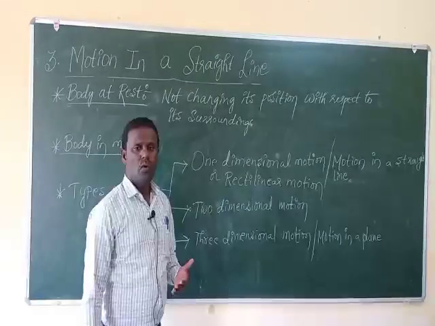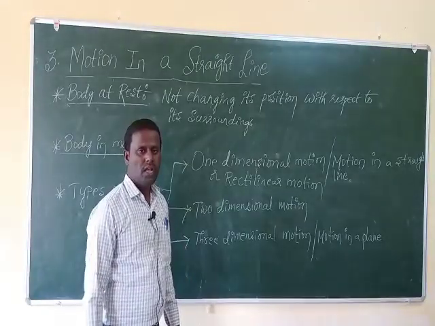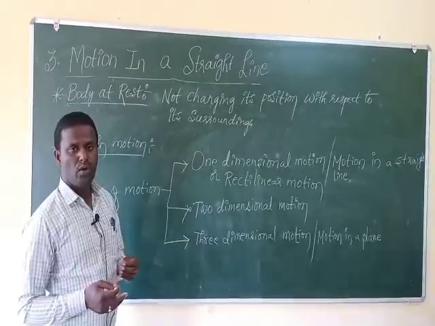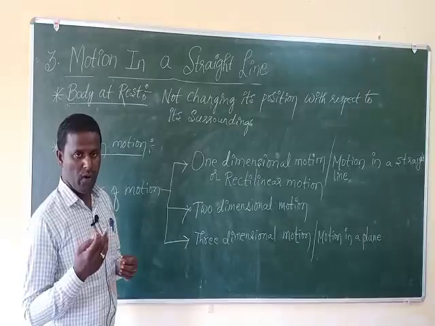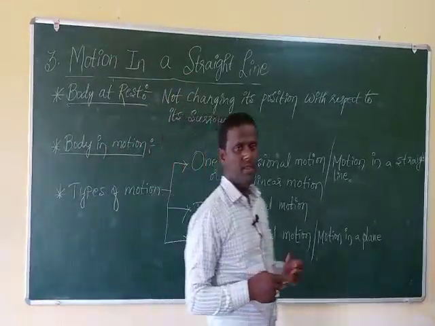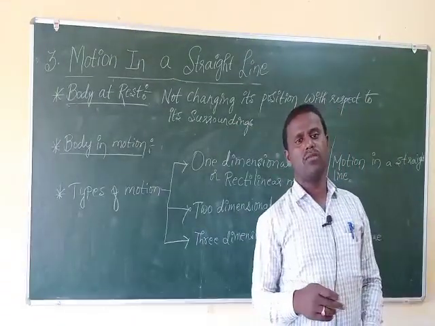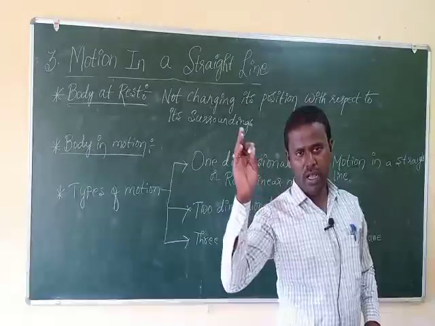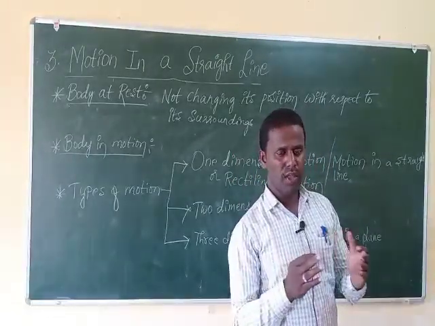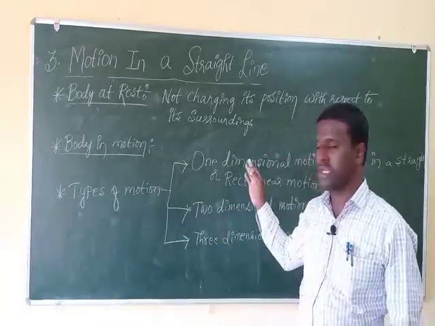For example, falling of an apple from the tree. When a mango fruit is falling from the tree, it follows a straight line path. So falling of a fruit from the tree is an example of one-dimensional motion.